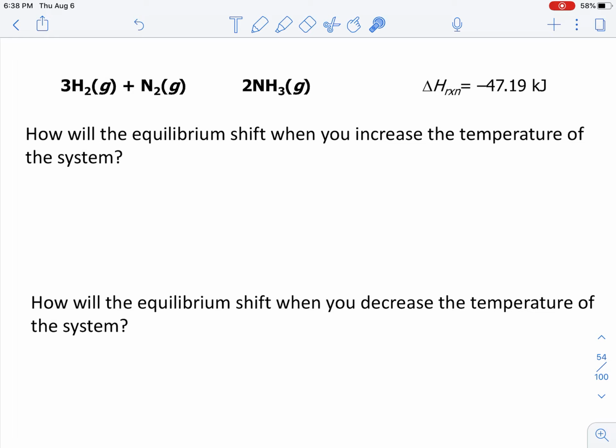All right, so looking at this second example, notice that the sign of the enthalpy is negative. And so this is telling us that this is an exothermic reaction.